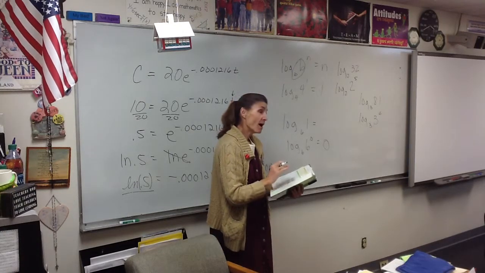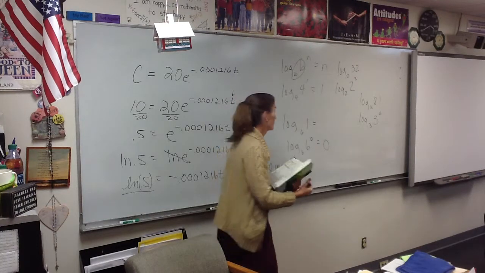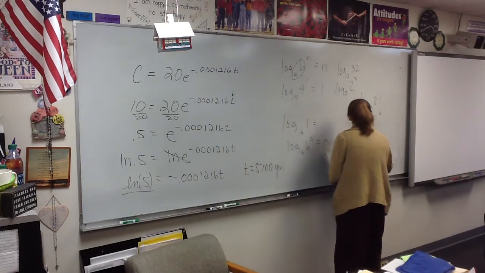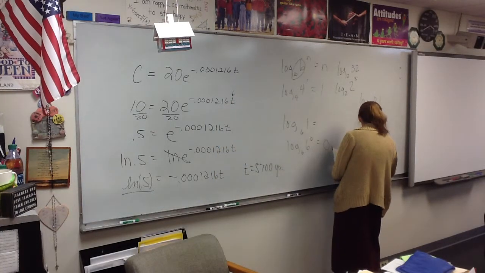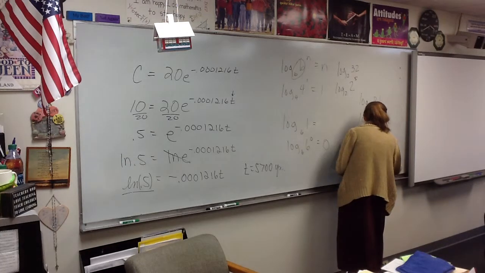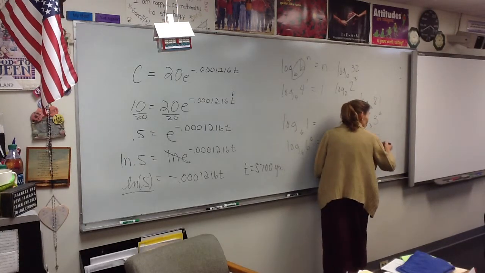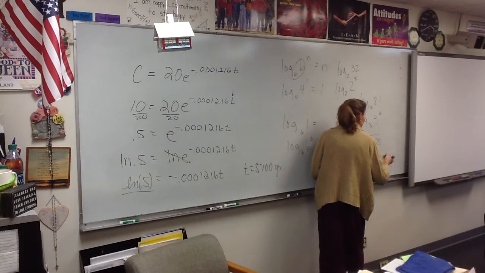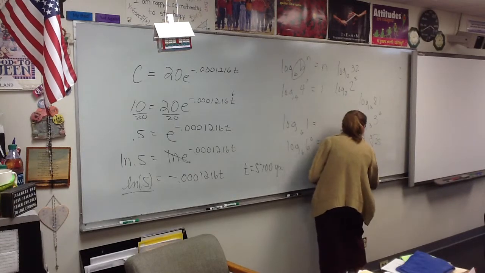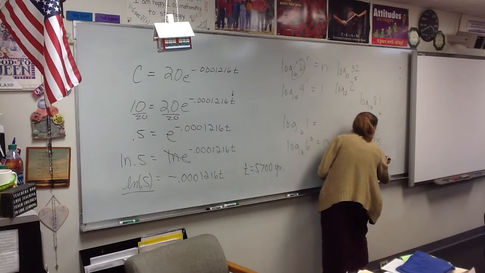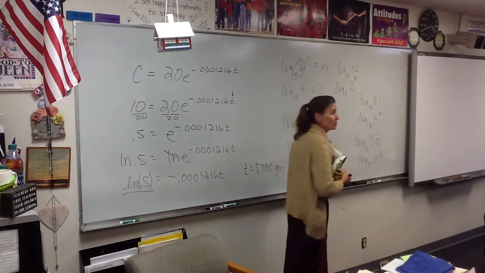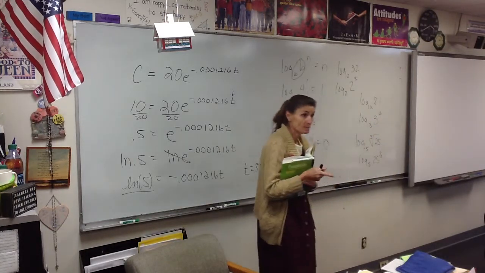Okay, now what about 5? Let's think about that for a minute. It's the log base 5 of the cube root of 25. Now, what does a cube root mean? It'd be 25 to the 1/3. Remember, radicals are fractional exponents.